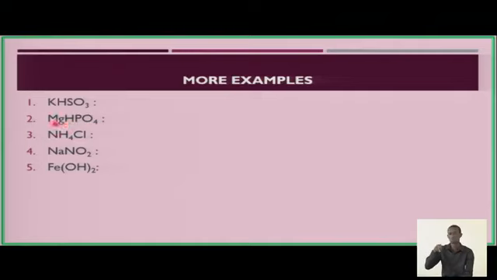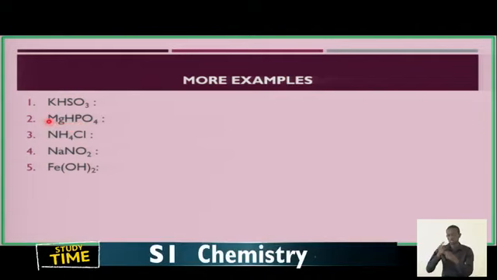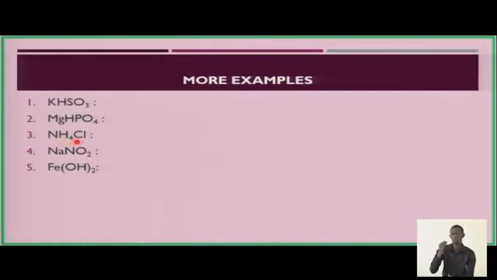And the second one is MgHPO4. The name for the positive part, the metal one, is magnesium. And this one is hydrogen phosphate. So the name will be magnesium hydrogen phosphate. Ammonium and chloride. So the name is ammonium chloride.